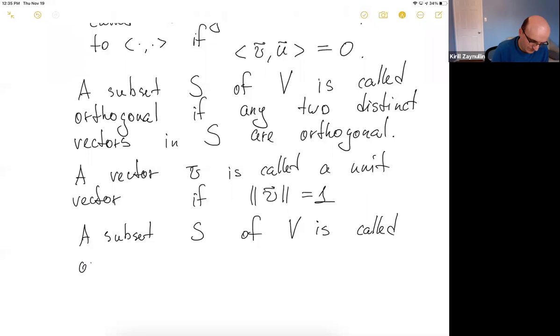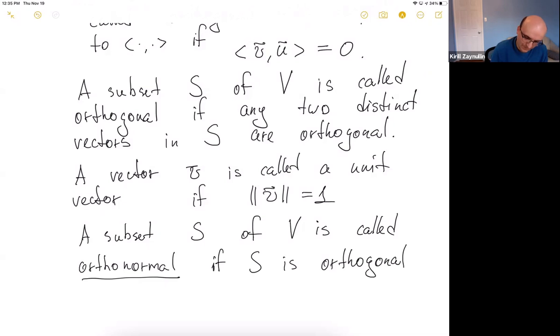Orthonormal, well, if S is orthogonal and at the same time consists entirely of unit vectors.